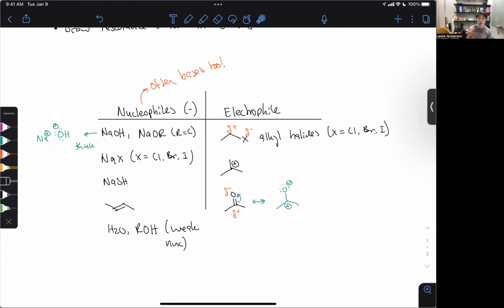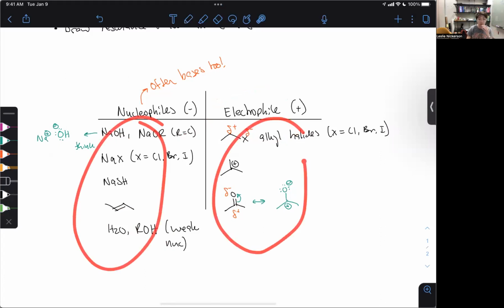We will learn more nucleophiles, more electrophiles as we go. These are the ones that we're going to use a lot this semester. But just keep in mind that the nucleophiles, they're going to be the negative things. Electrophiles, we're looking for more positive atoms, okay? So just keep that in mind. That's how we want to be splitting stuff up. This table and this table are going to grow.